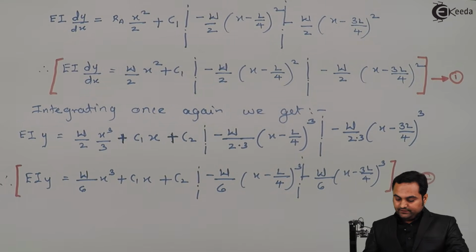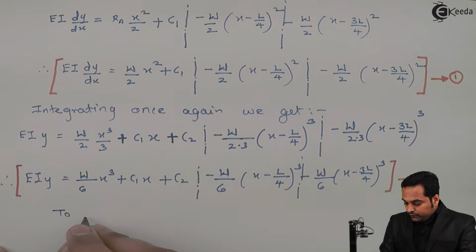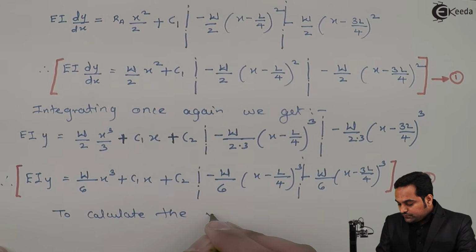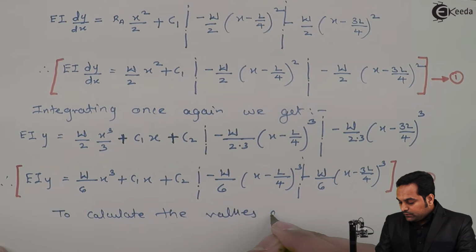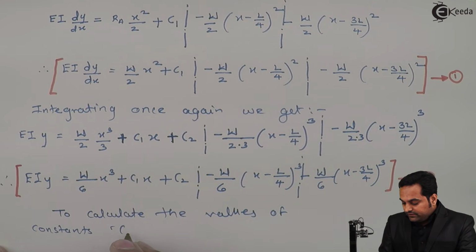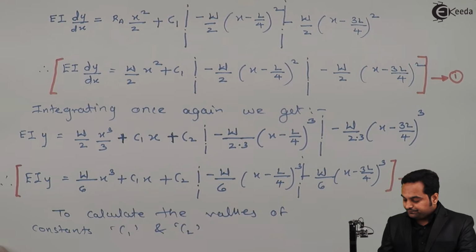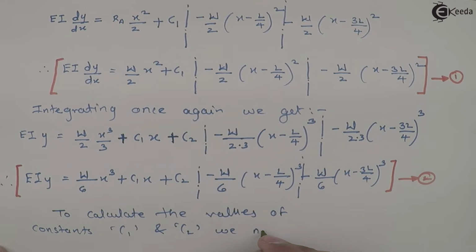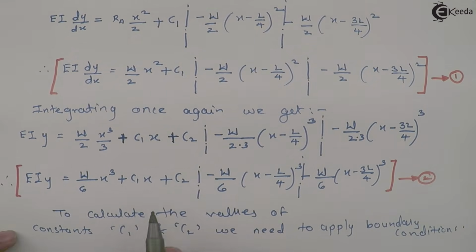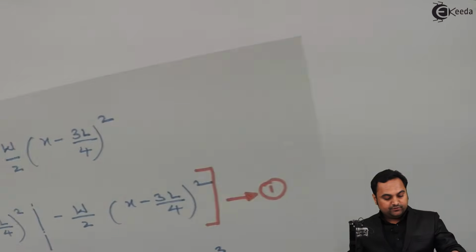So now, to calculate the values of constants C1 and C2, we need to apply boundary conditions. To calculate C1, C2, we need to apply the boundary conditions. Now what are those boundary conditions?